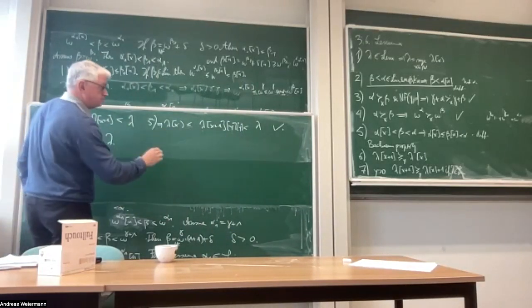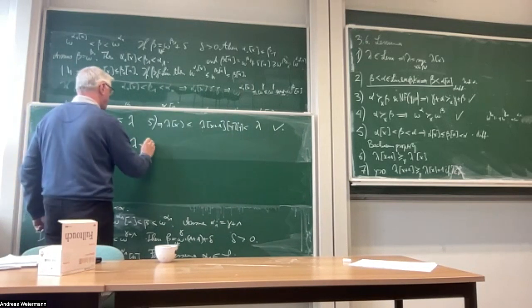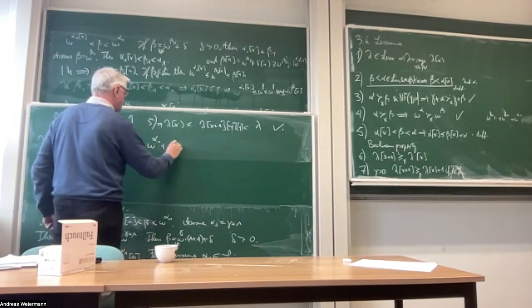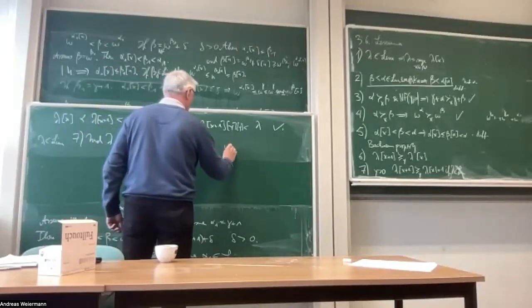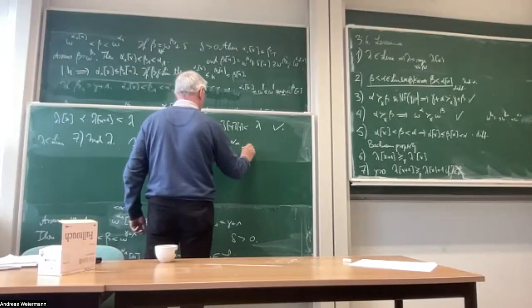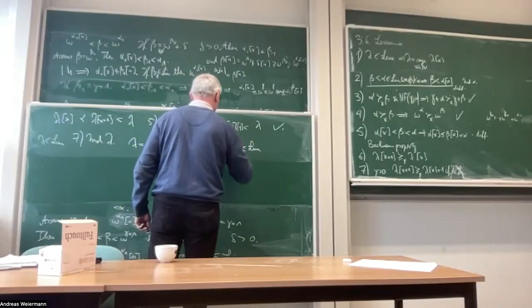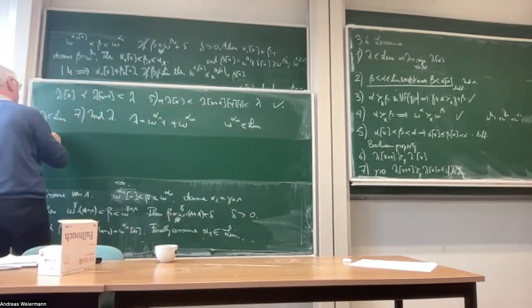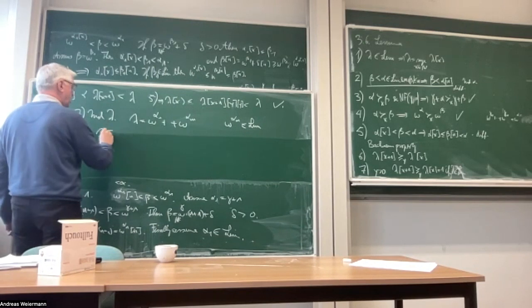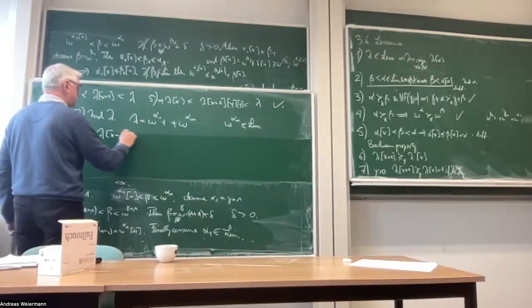So assume lambda is equal omega to the alpha 1 plus omega to the alpha m. Here the alpha m is a dot. Now, of course, in cases, alpha m can be gamma plus 1. So what is then lambda of x plus 1?